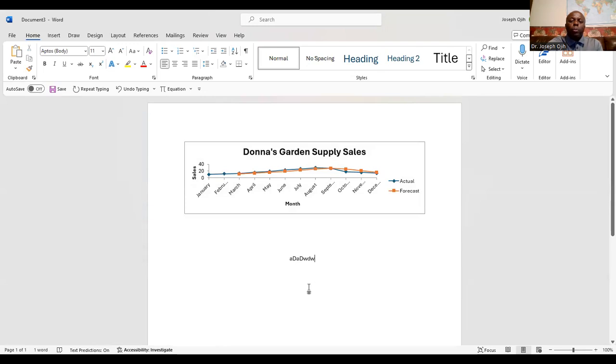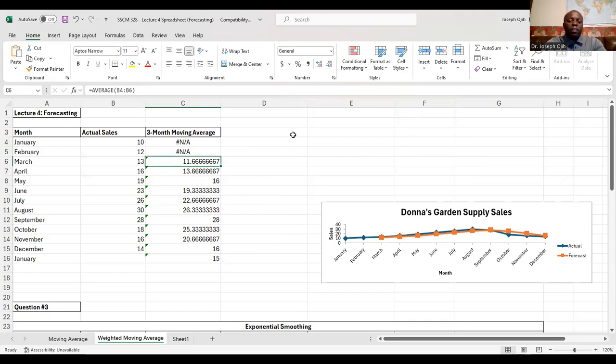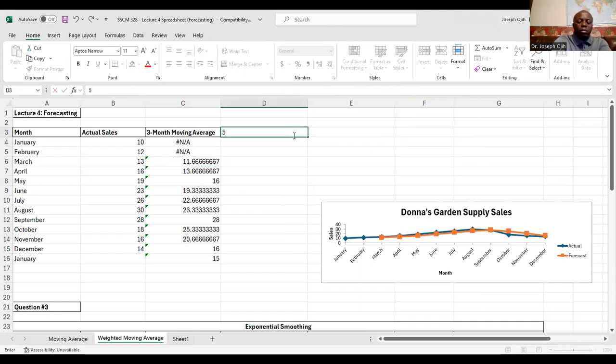Anyway, let's get back. Suppose that what Donner's Garden wants is not a 3 months moving average, but they want 5 months or maybe 4 months moving average.